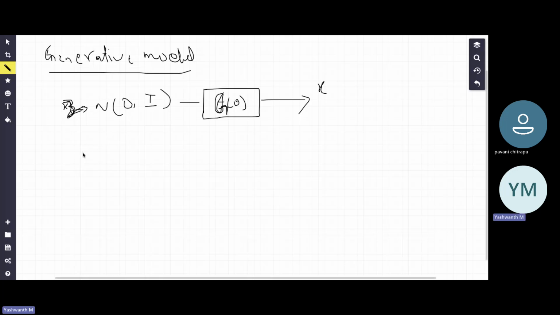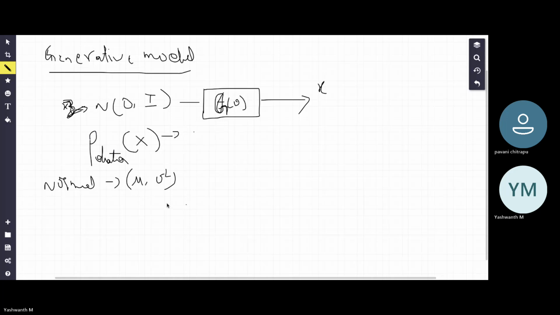So basically, if you want to learn any distribution, what we want to learn is the distribution of the data, P data of X, and we want to sample from this distribution. Let's say it's a normal distribution we want to learn. A normal distribution is parameterized by the mean mu and the variance sigma square.